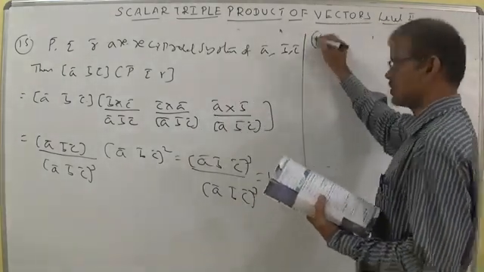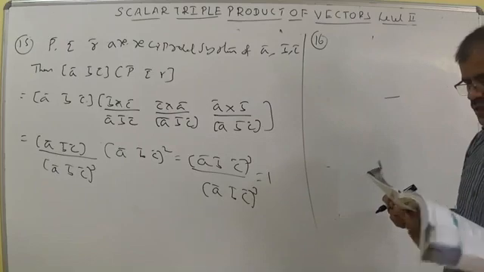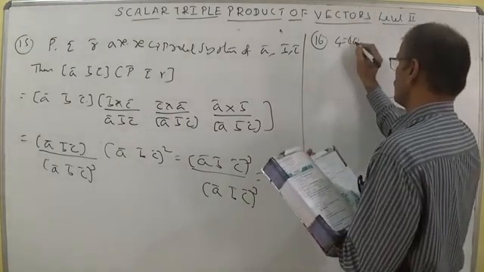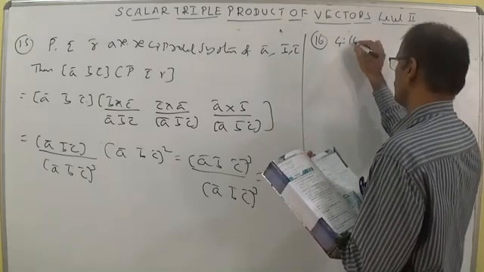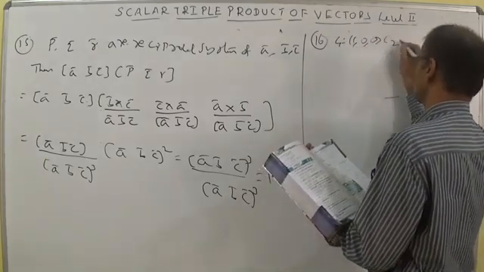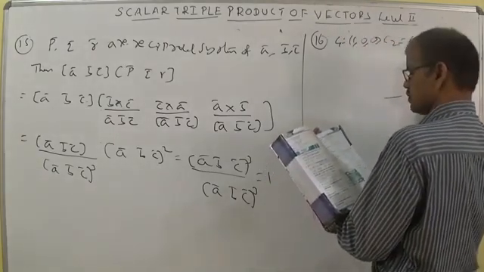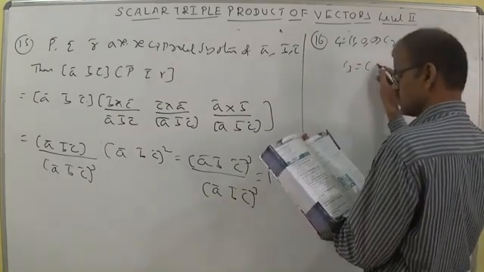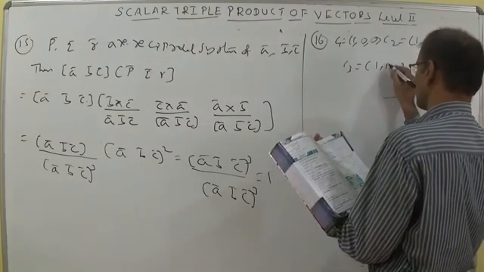Next, 16th question. Let C1 equal to 1, 0, 0. C2 is equal to 1, 1, 0. C3 is equal to 1, 1, 1.